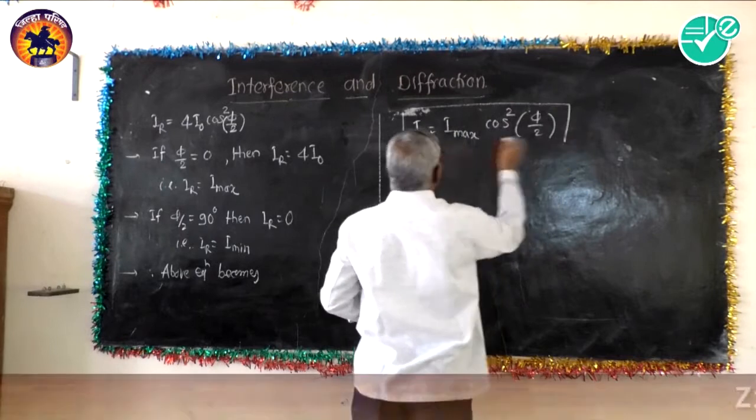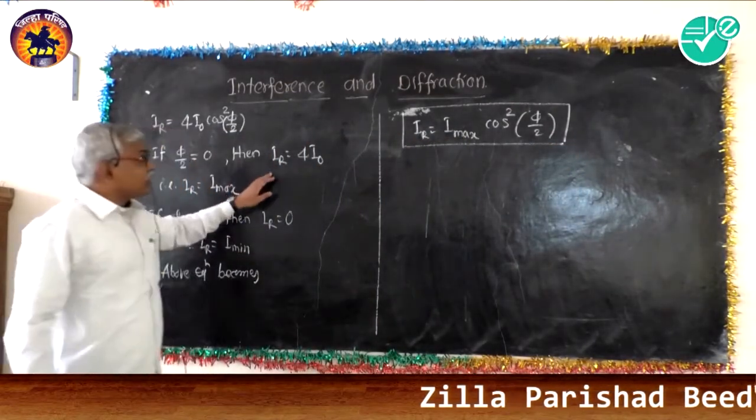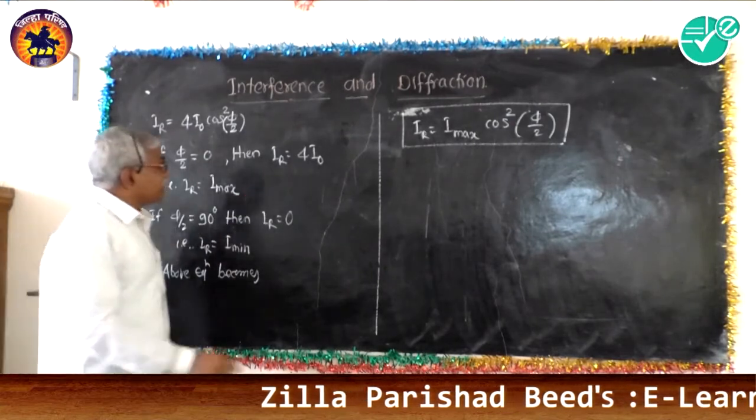This is a very important formula for the calculation of resultant intensity.